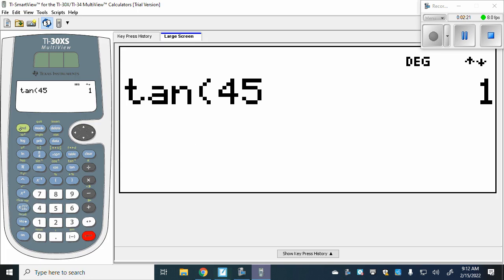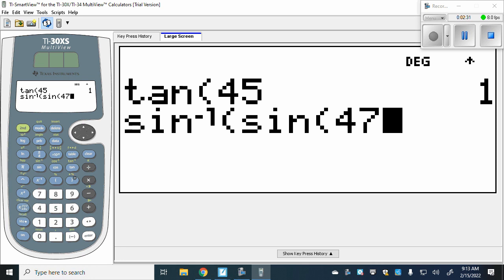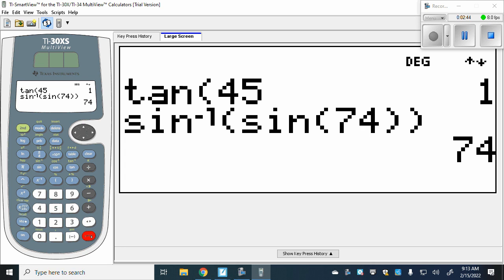To get sine inverse, we go second sine, and then we can take the sine inverse of 74.